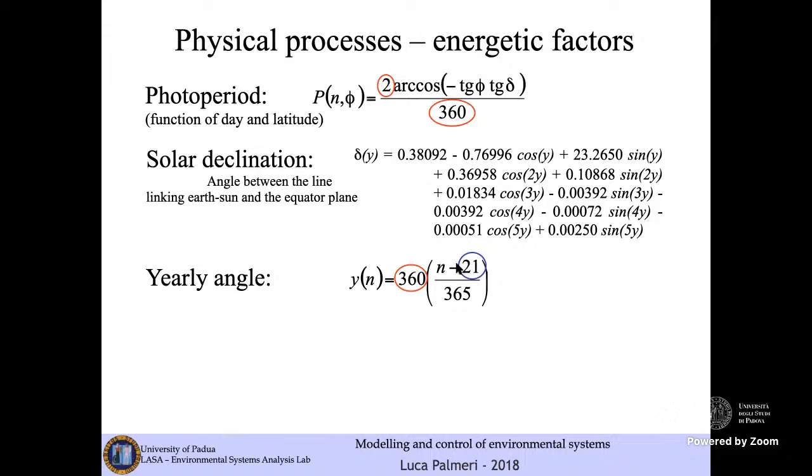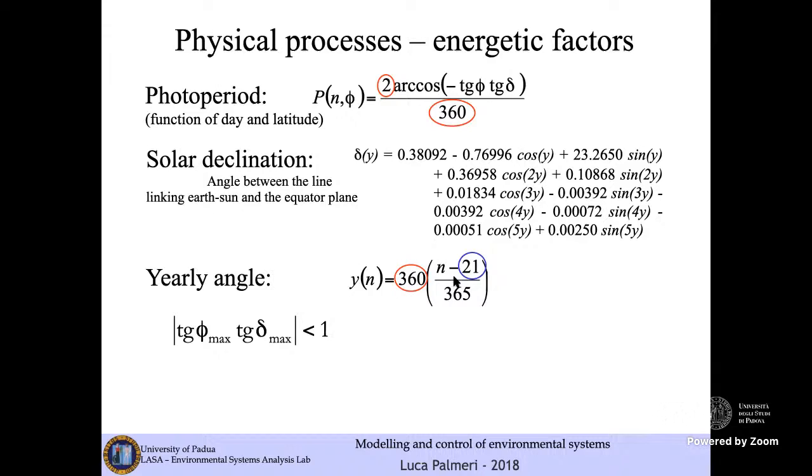Why do we make this model? Because we calculate the yearly angle as a function of the day of the year, and we start to count the day of the year on the 1st of March, and we employ this kind of model in order to account for leap years. And you know that leap years are years in which we have 366 days. This is why we have this normalization function.